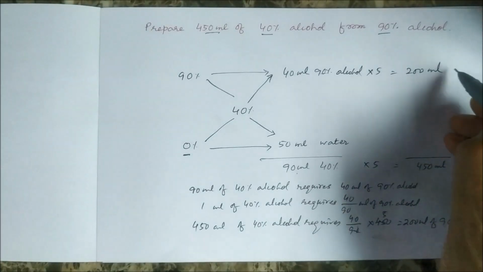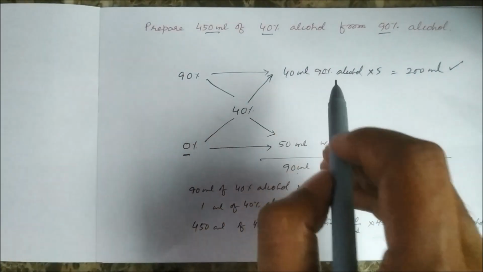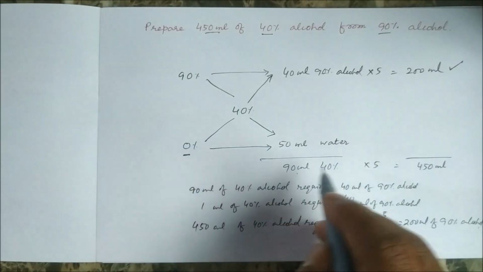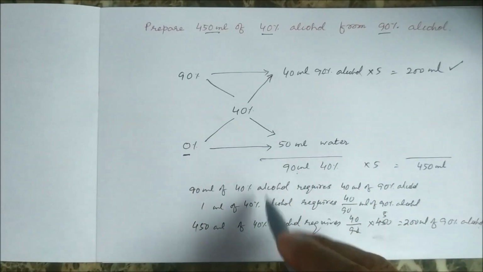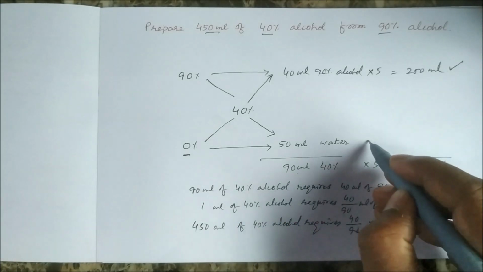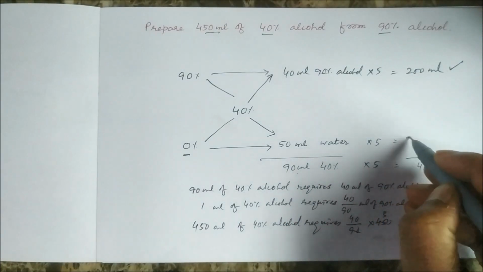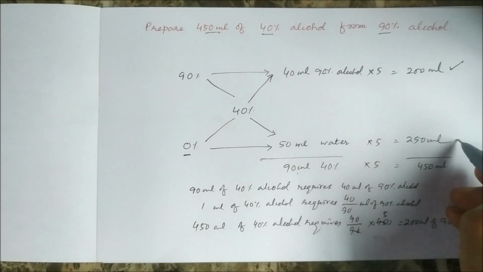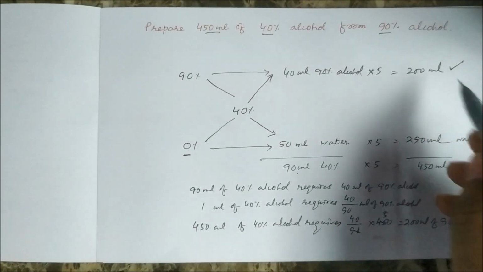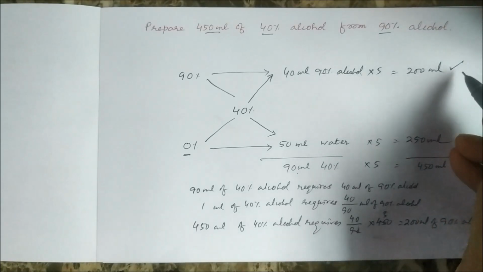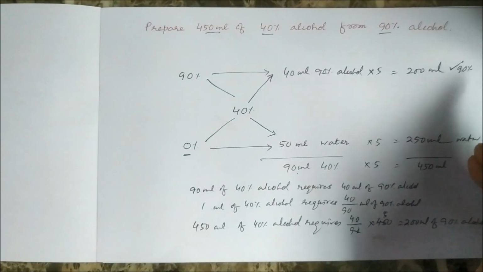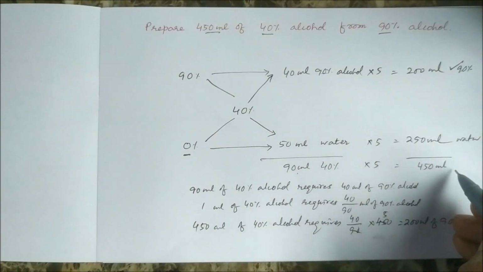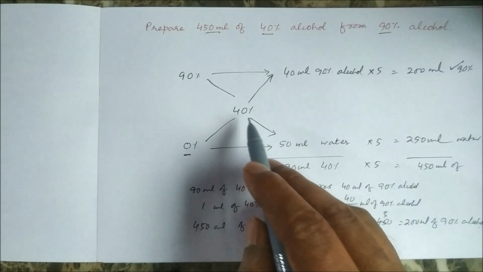So 200 ml of 90% alcohol is needed, and similarly 50 into 5, 250 ml of water. So 250 ml water and 200 ml of 90% alcohol, when we add together, we will get 450 ml of 40% alcohol.